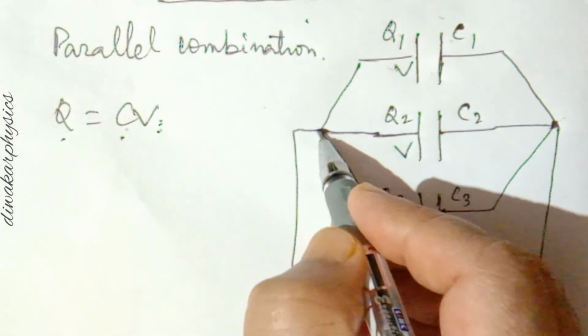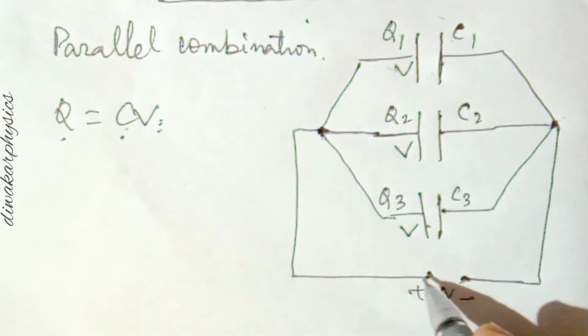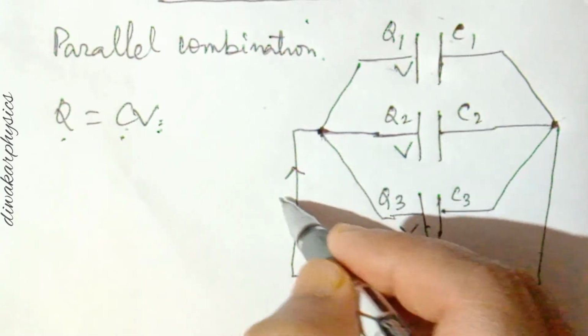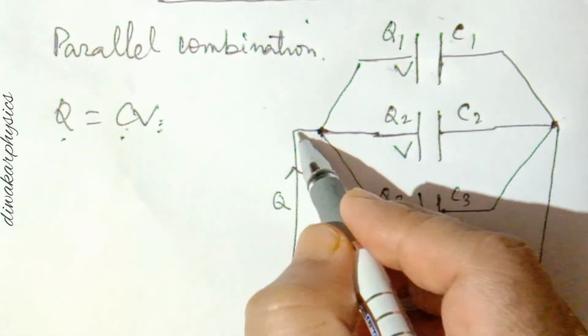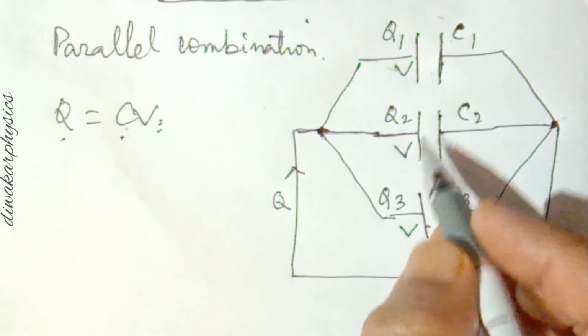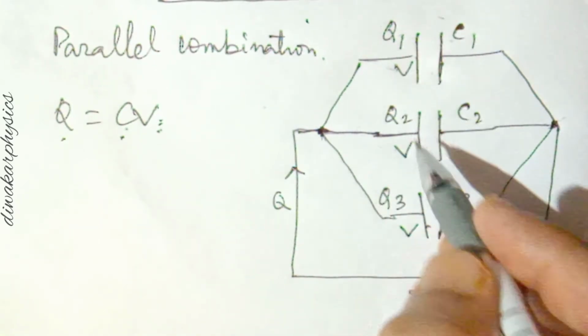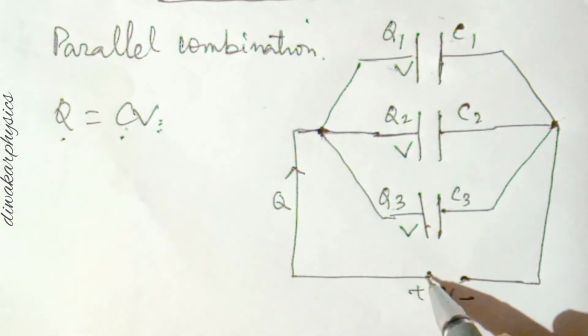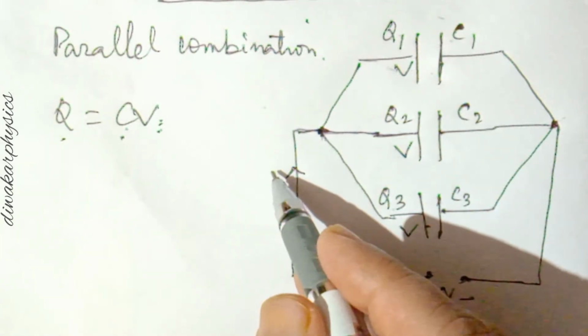And at this junction, suppose the source is sending charge Q, then this Q is divided. So total charge Q1 plus Q2 plus Q3 is equal to the charge supplied by the source in the given time.